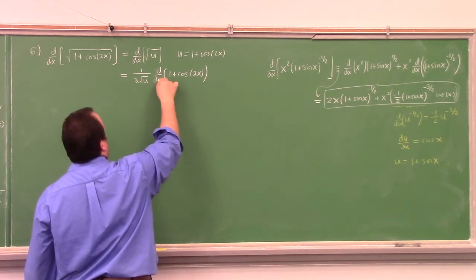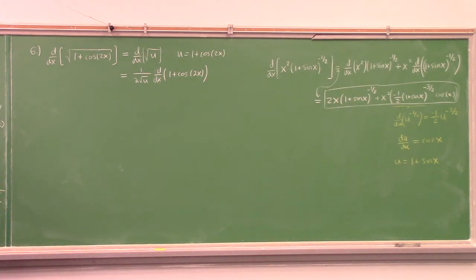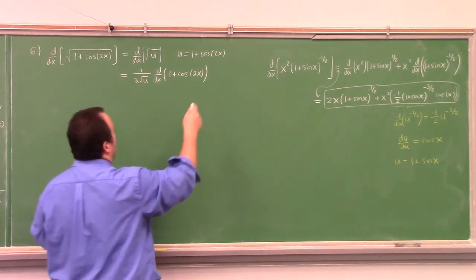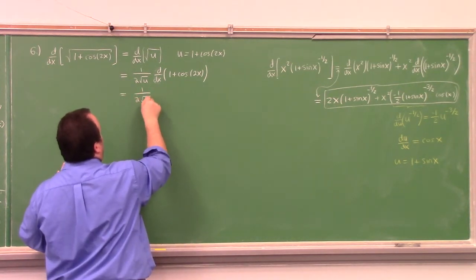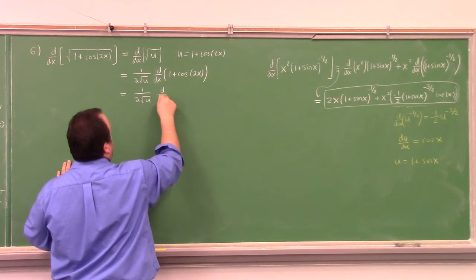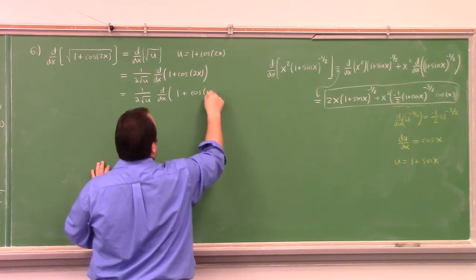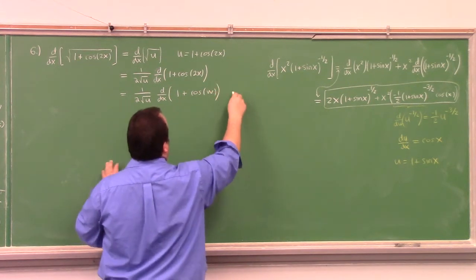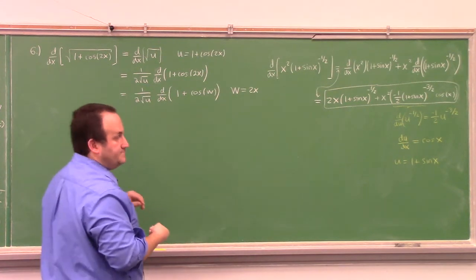So here, when do you need to do the chain rule? Whenever you're differentiating with respect to a variable which doesn't match the variable of the function you're looking at. Whenever you see that pattern mismatch, that means it's a chain rule you have to do. So here, I'm going to look at that as 1 over 2 times the square root of u, d dx of 1 plus the cosine of w, where w equals 2x, right?